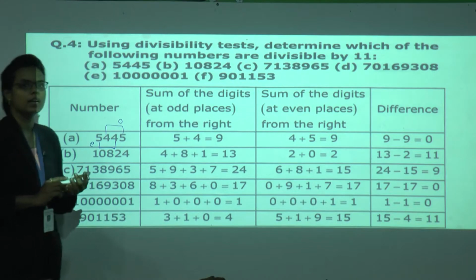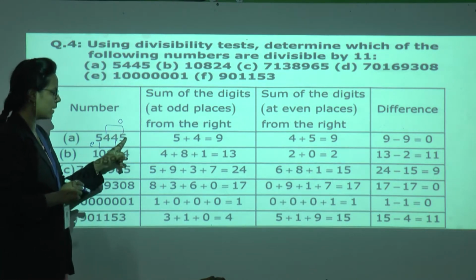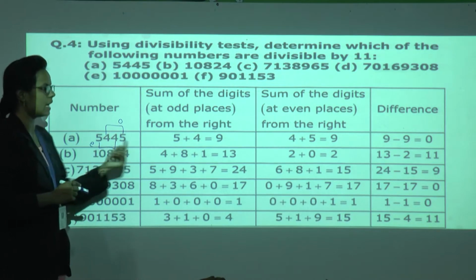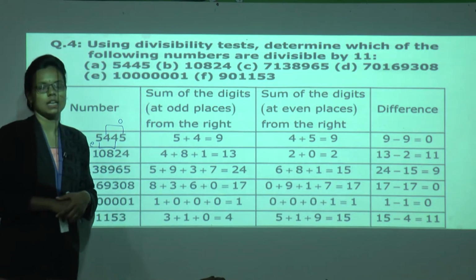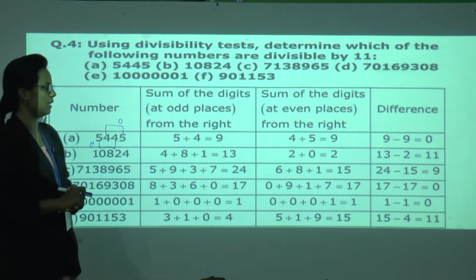We first add the odd places and then the even places, then find the difference, and then tell whether the number is divisible by 11 or not. Okay, so let us see.